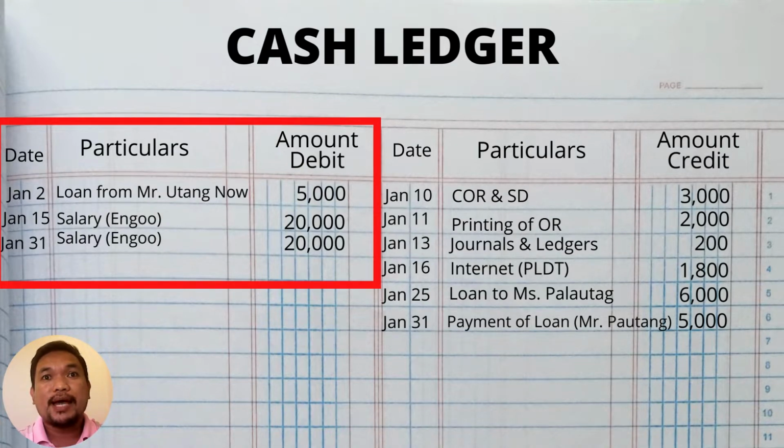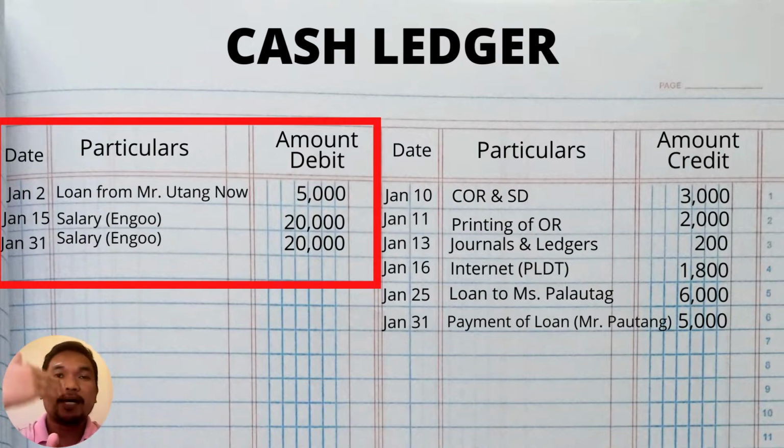And on the left side of the ledger, this is actually lahat ng mga cash na pumasok. Lahat ng mga cash na dinebit mo, so lahat ng mga debit na cash. So yung naka-red box dyan. Like for example, in our example previously in January 2, you applied for a loan to Mr. Utang Now. That's for 5,000.